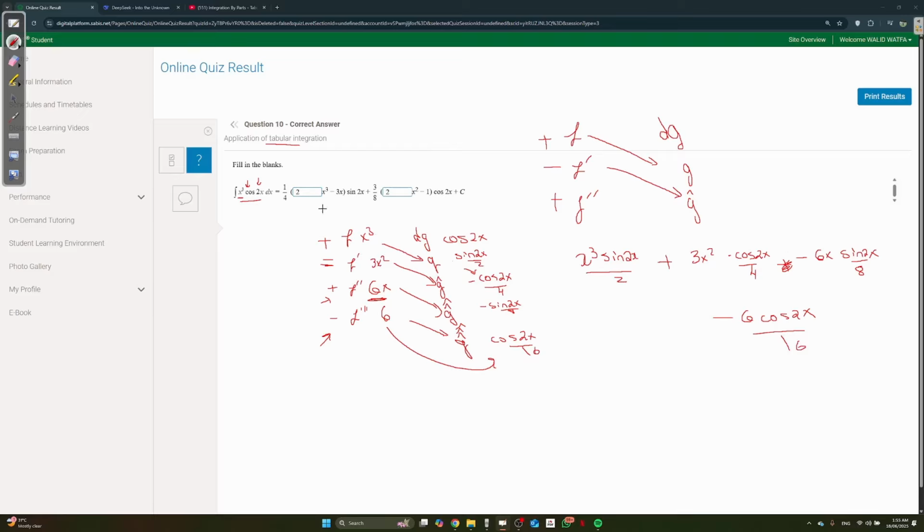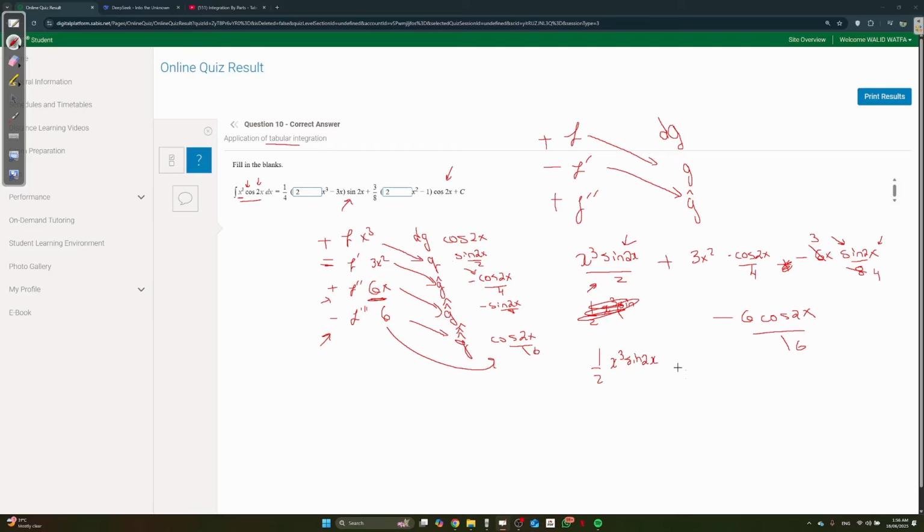Okay, so now let's simplify. We have x cubed sine 2x over 2 and 6x sine 2x over 8. I'm going to simplify this 6 and 8, making it 3 and 4. So we can make it 1 over 2 x cubed sine 2x. Let me take it down here. 1 over 2 x cubed sine 2x, right?